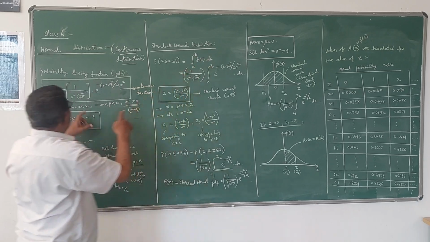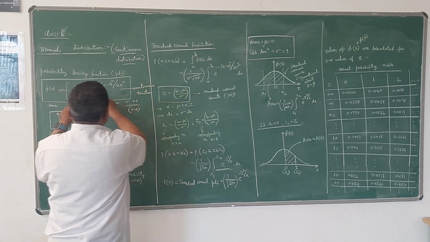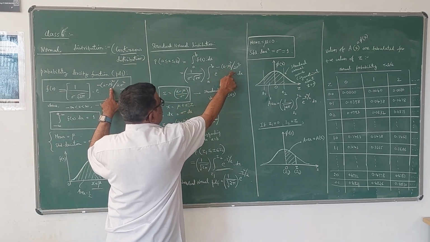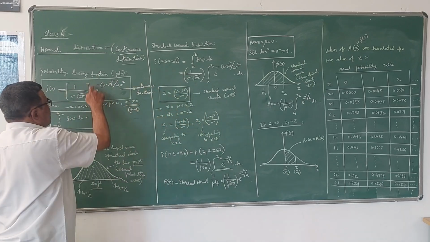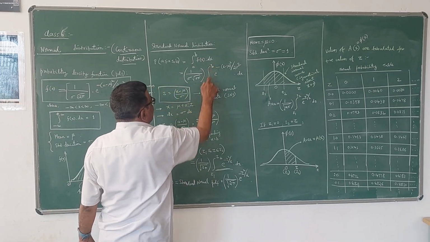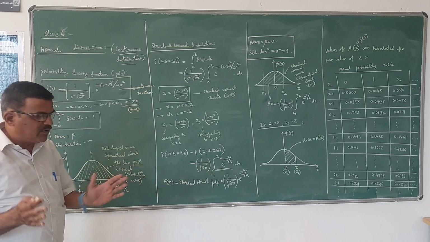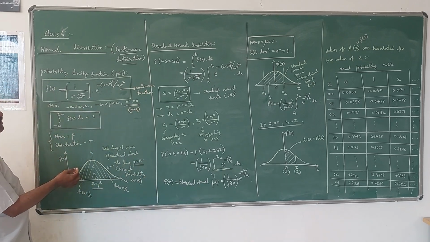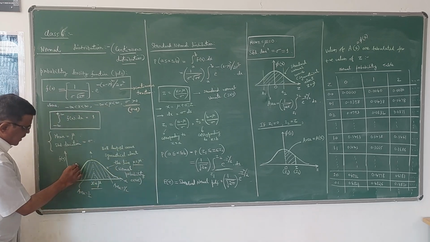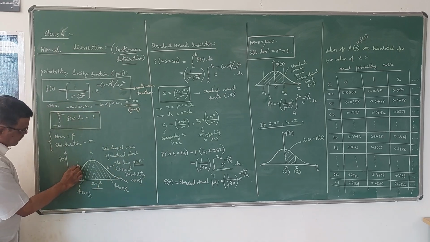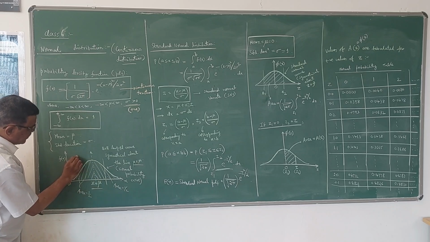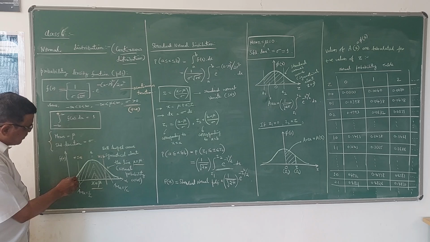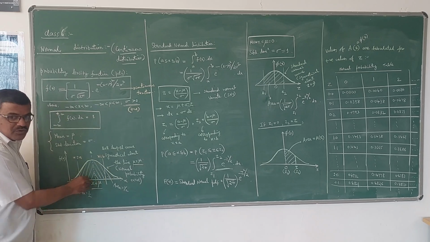That will be given by 1 over sigma root 2 pi, same as before, into e to the power of minus (x minus mu) whole square by 2 sigma square, with the integration taken between a and b. Here x is equal to a and this is x is equal to b, and you integrate between these two values.